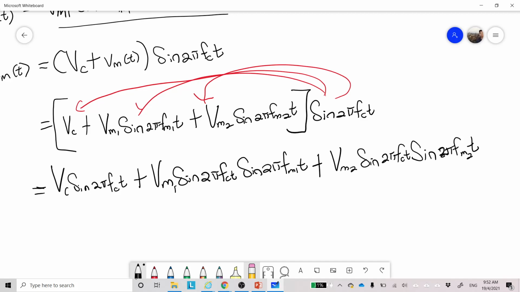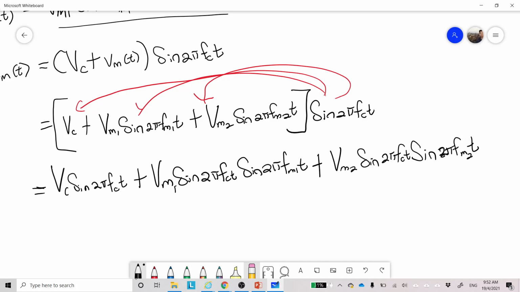plus the second component, the second frequency of the input message. Okay, so this one becomes vm2 over vm. Okay, and then big bracket, repeat again the process.